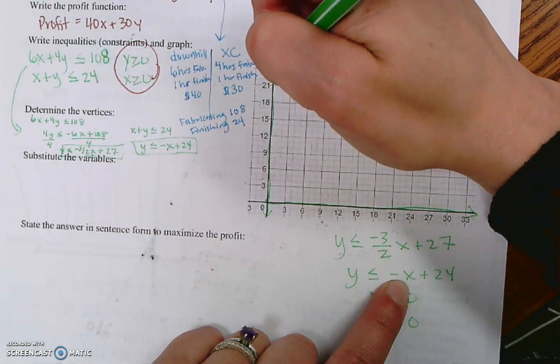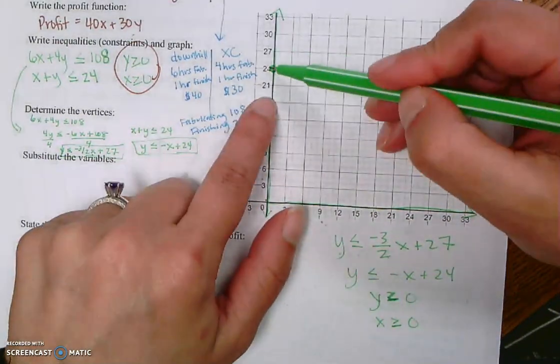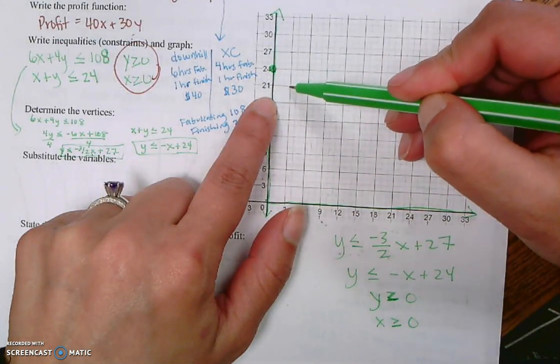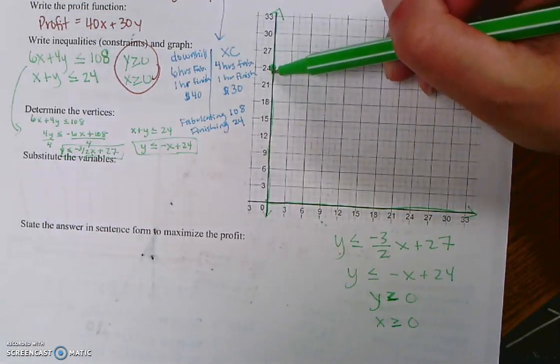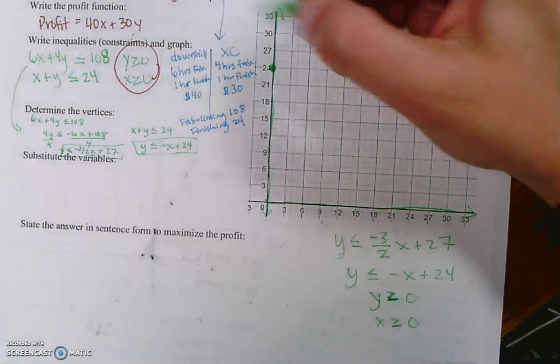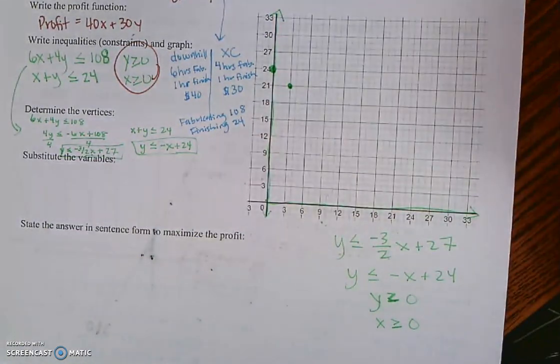If I put my y-intercept on 24, and I have to go down 1 and over 1, I'm counting actual boxes on the graph. So if I go down 1 box and over 1 box, I'm on this next corner. You want to stay on the corners of your box.